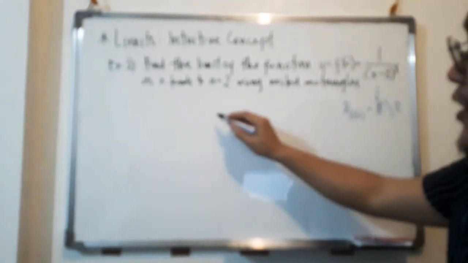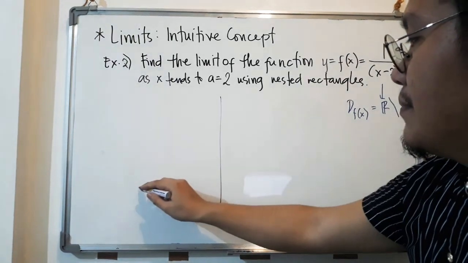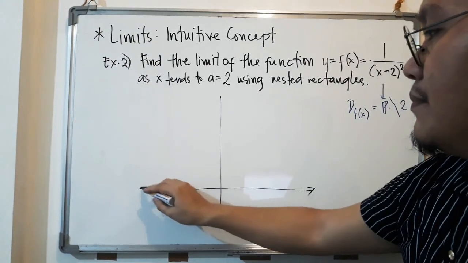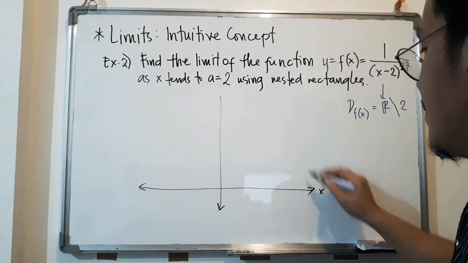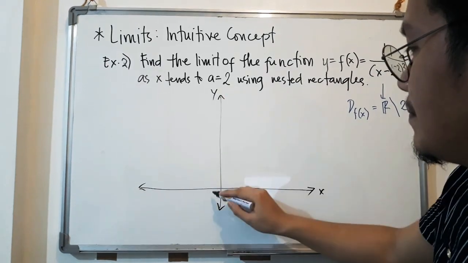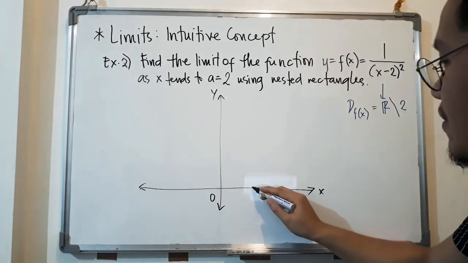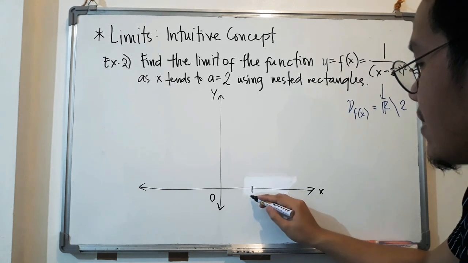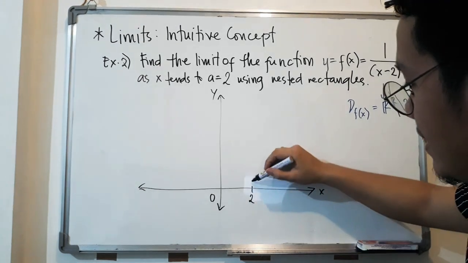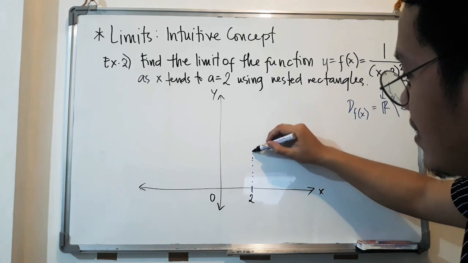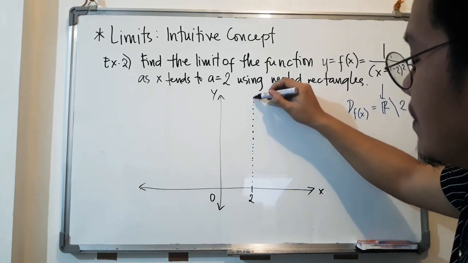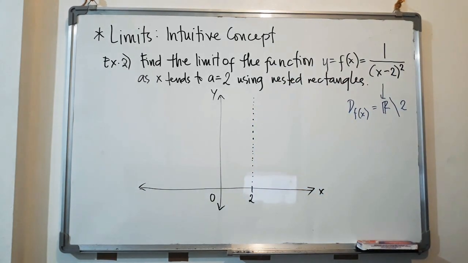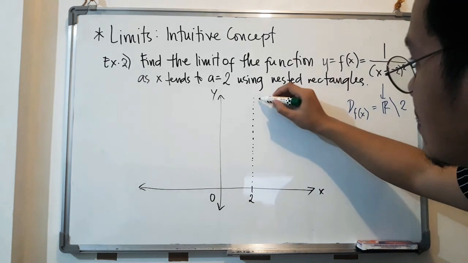So, kung mag-sketch tayo ng graph niya, okay. So, this corresponds to x equals 2 and this is the vertical asymptote of the function. And the sketch of its graph looks like this.